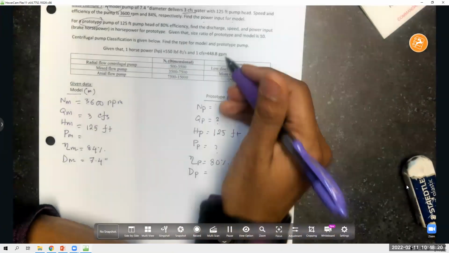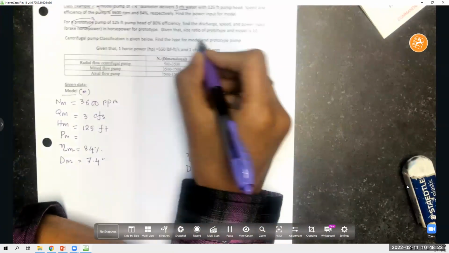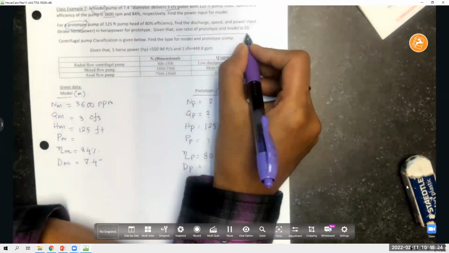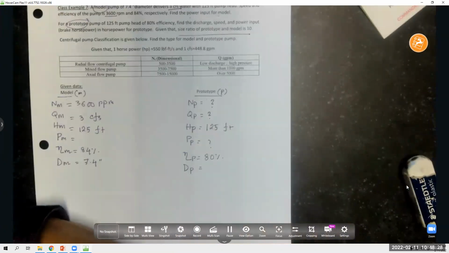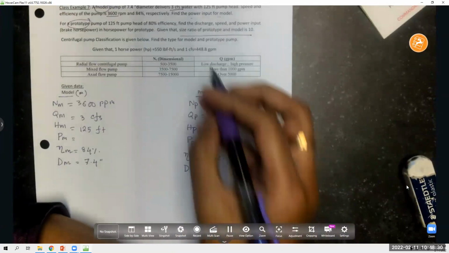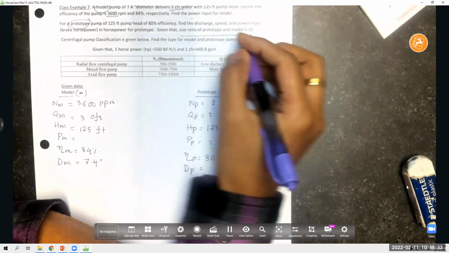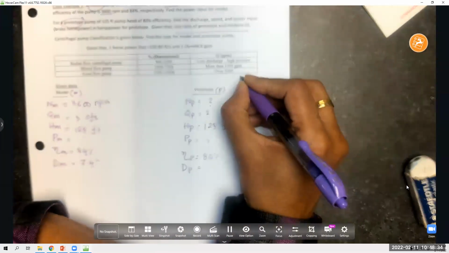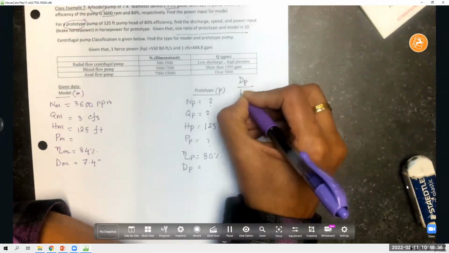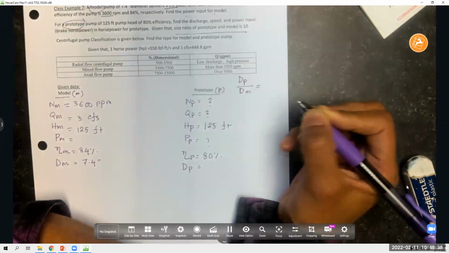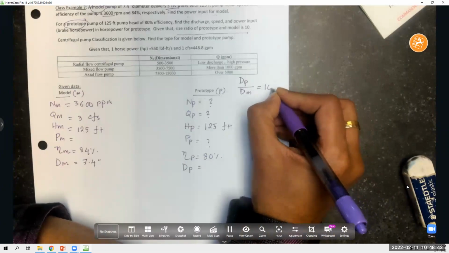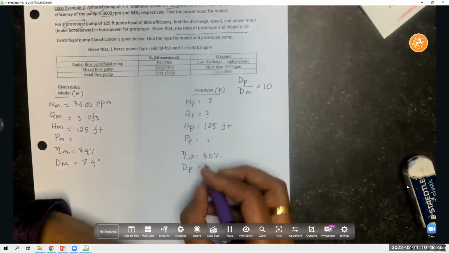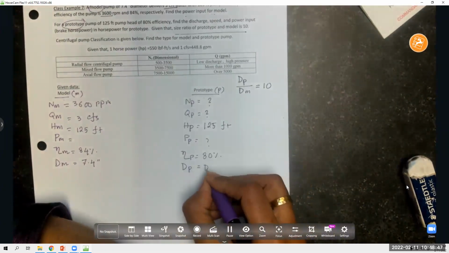So you are right. There is a size ratio which is given. Now for pumps, size means the diameter of the propeller. So it says that size ratio of prototype and model, that means d_P over d_M is what? 10. From that, can we calculate the d_P?